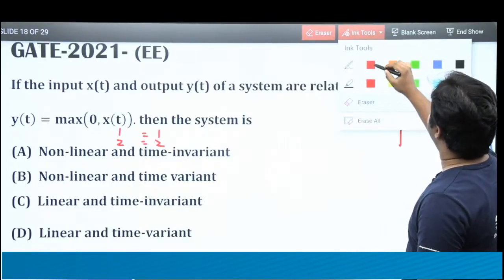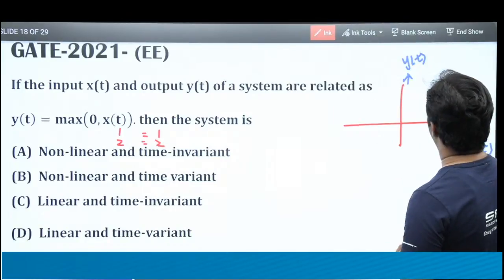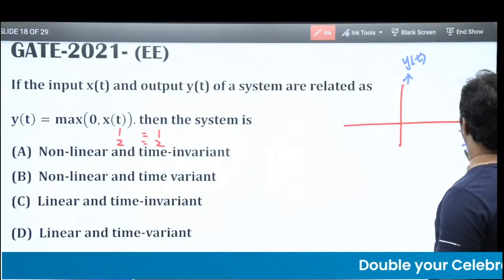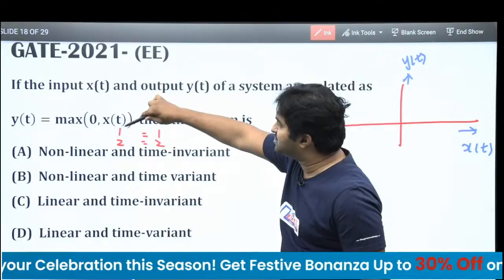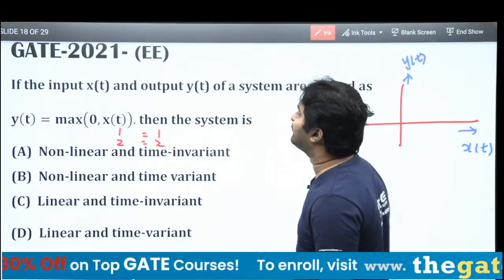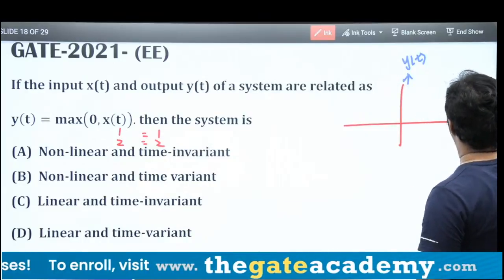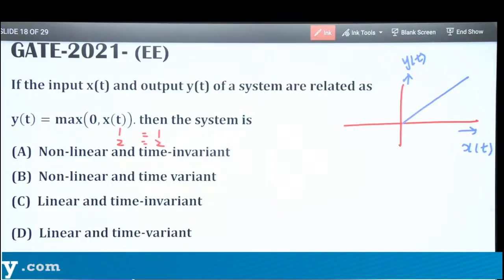So what can I say, my dear students, here? If x of t is positive, then y of t will be equal to x of t, the same value.